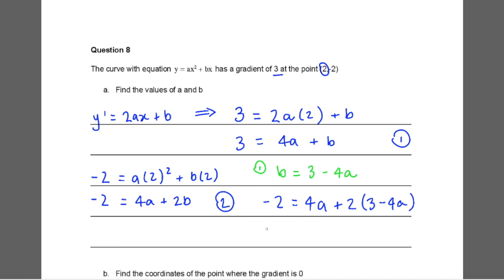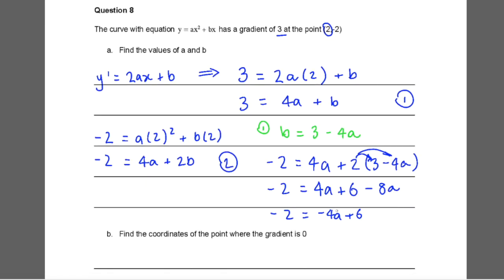Okay, now we can just solve this because we've only got a's. So negative 2 equals 4a plus 6 minus 8a. If we expand this in, it's minus 8a. Okay, 4a minus 8a is minus 4a, so it's minus 2 equals minus 4a plus 6.